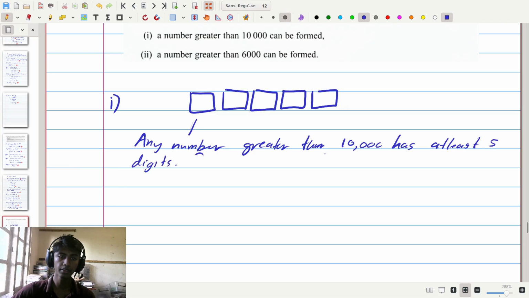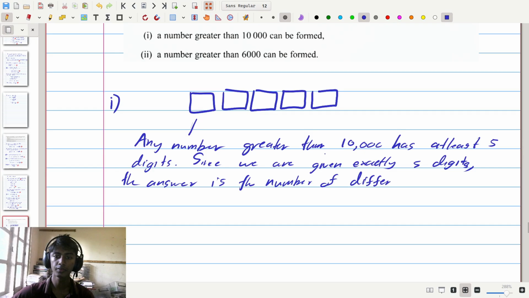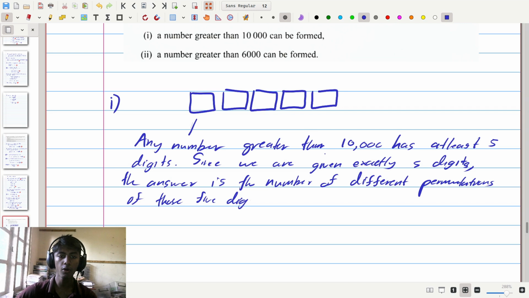And then we can say, since we are given exactly 5 digits, the answer is the number of different permutations of those 5 digits. Now according to that, if we write our answer, the number of different permutations of these 5 digits is going to be equal to 5 factorial.